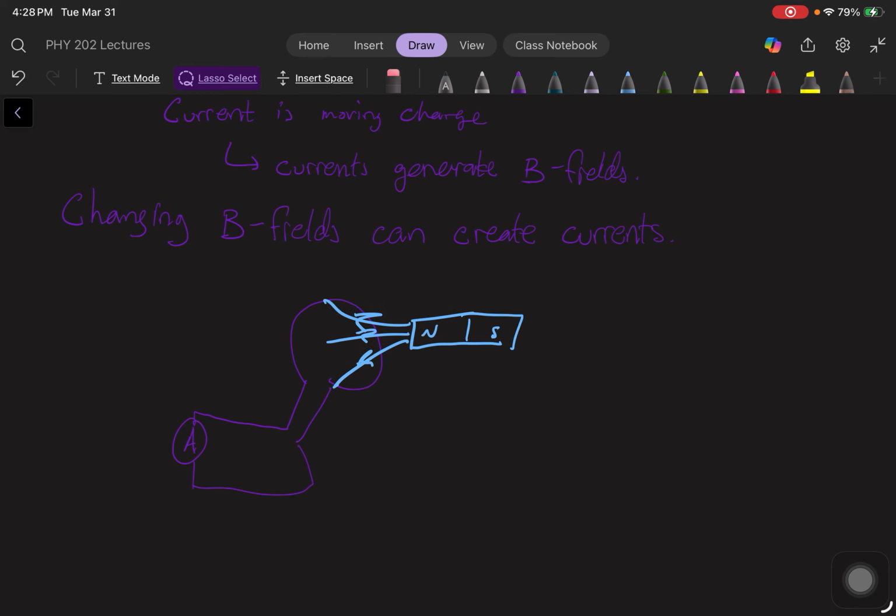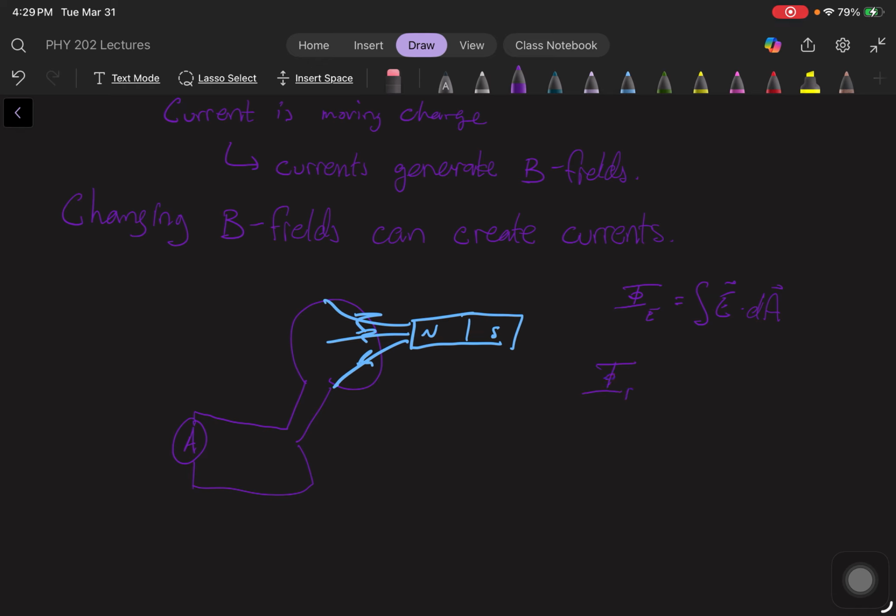So what happens is this loop of wire went from having no magnetic flux to having some magnetic flux. First, let's define magnetic flux. We had electric flux, which was the integral of E dot dA, and that came up in Gauss's law.